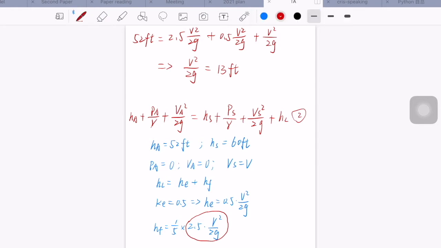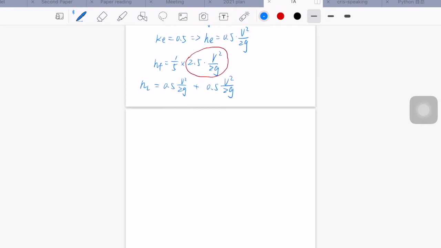So now the total head loss equals 0.5 times V squared over 2G plus 0.5 V squared over 2G.